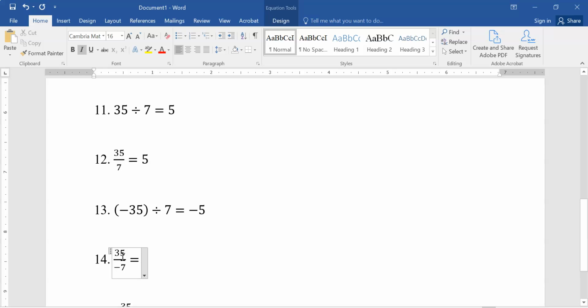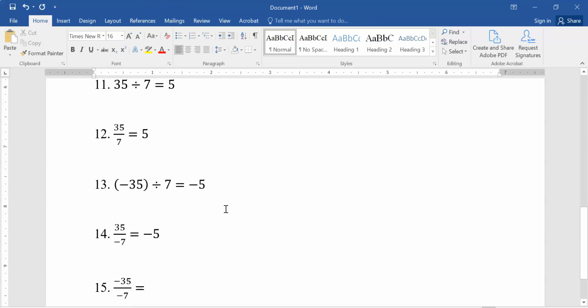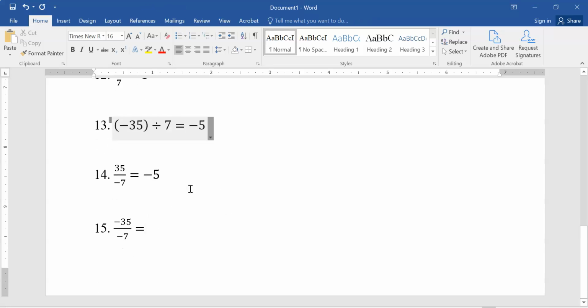This is positive over negative, so once again, we get a negative 5. And then on problem number 15, we have a negative divided by a negative, so we get a positive 5. So those are all the cooperative group problems.